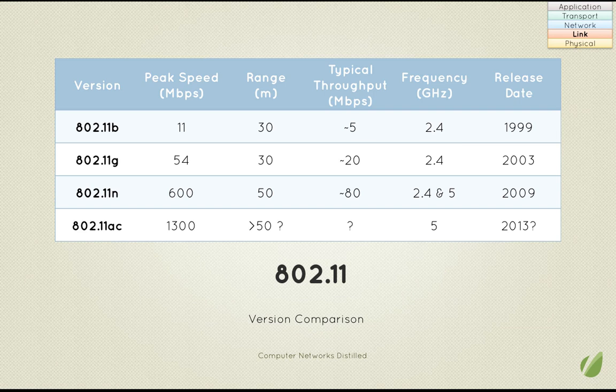We then moved to 802.11g at a speed of 54 megabits per second in 2003. 802.11n is kind of the current reigning king at peak speeds of 600 megabits per second, although typical is quite a bit lower. It supports both the 2.4 and the 5 gigahertz frequency ranges. Coming up on the horizon is the 802.11ac, which has above a 1 gigabit per second speed and also good range and is supposed to be released in 2013.